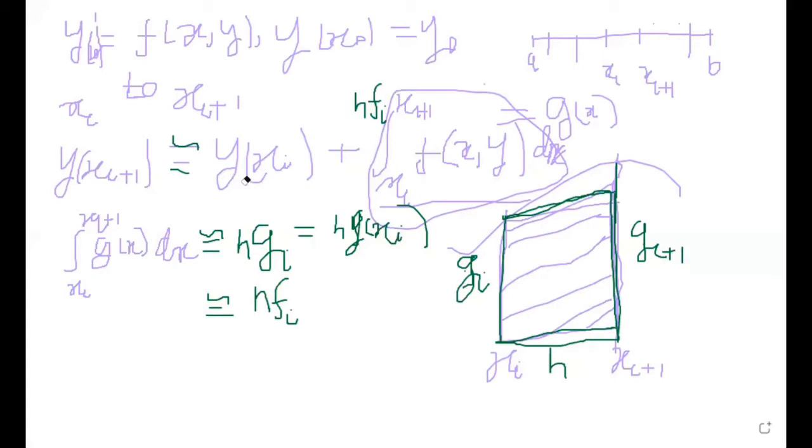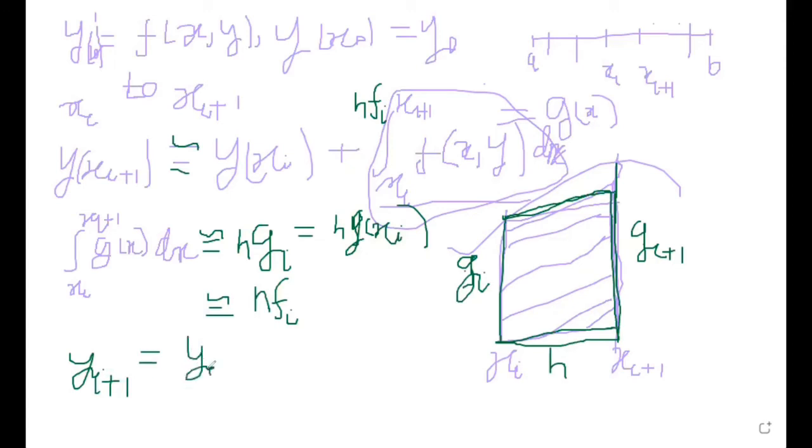What is the right hand side? y at xi plus h fi, and whatever I'm getting, I'm denoting that by yi plus 1. So you should not be confused. In your notebook, you might have seen in most notebooks that yi is equal to y at xi. No, this is not right. So yi plus 1, whatever we are getting on the right hand side, that is yi plus 1.